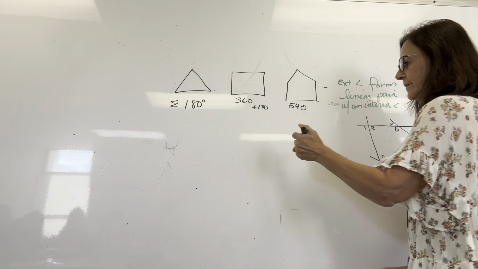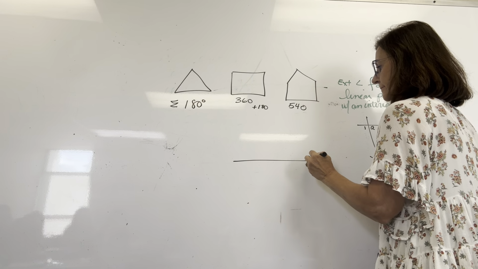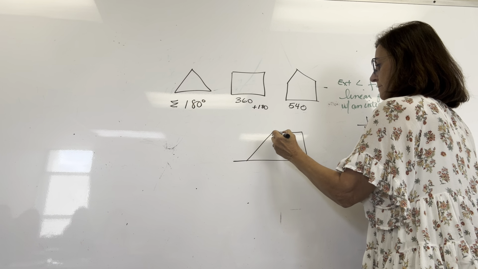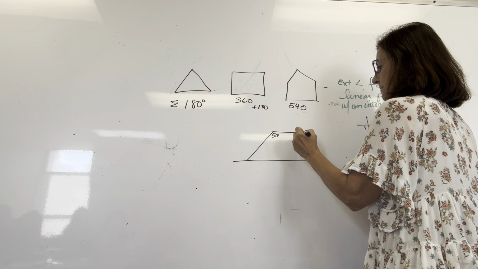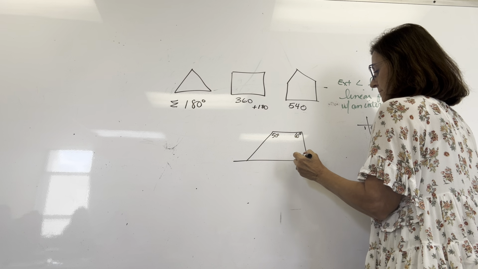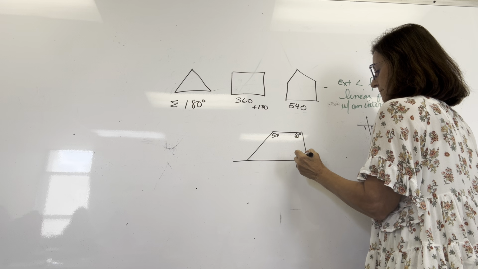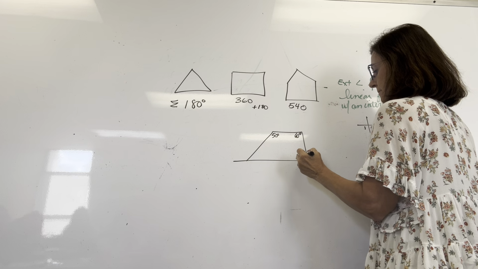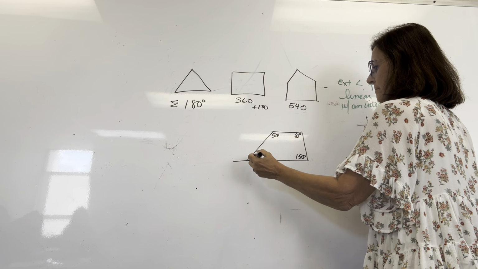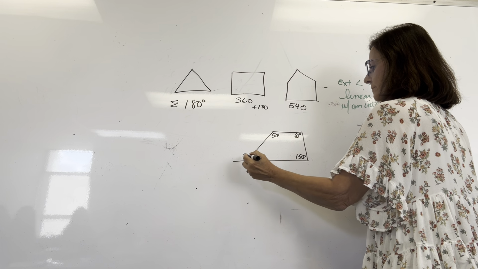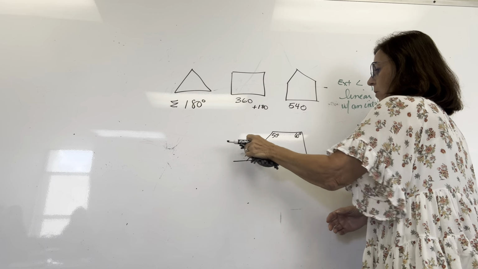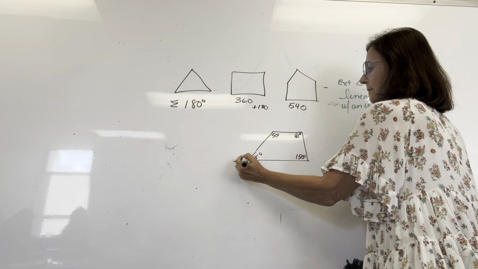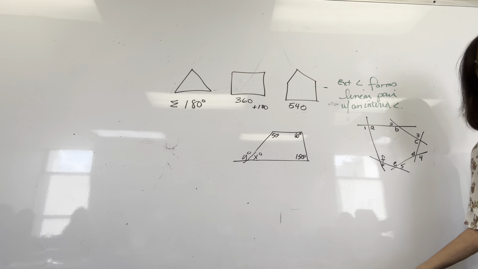What if we had this? Let's label it X and Y. Could we figure that out?